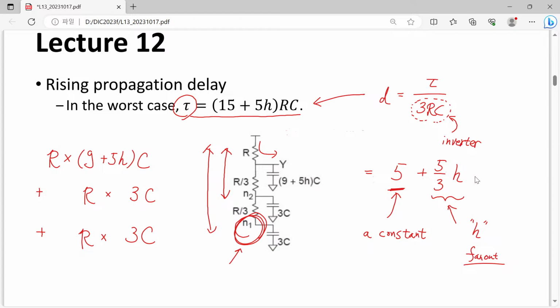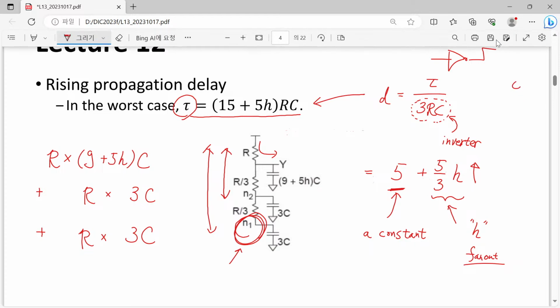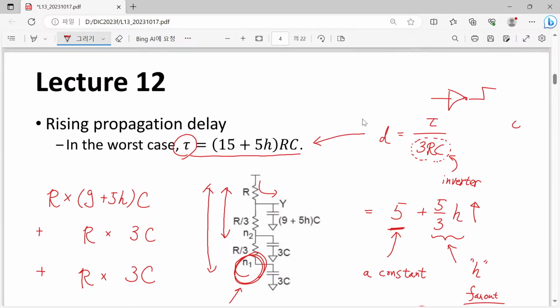So if H is large, then we have more and more dependent logic gates, for example. So if we have a fan out of 4, for example, then it means that we have the same copies of this.